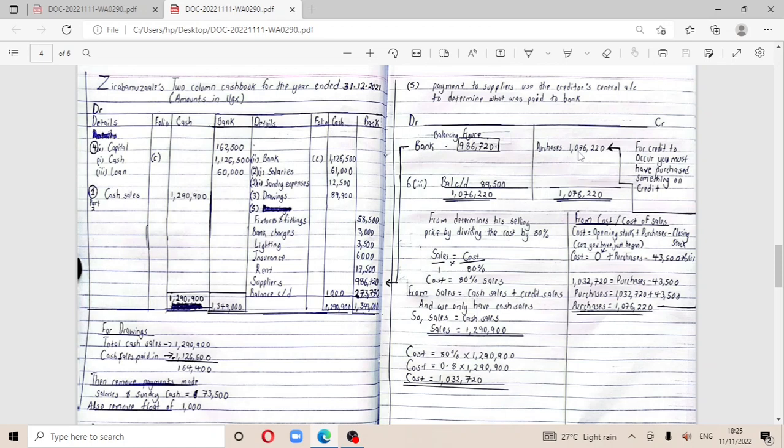after putting it there, obviously you have to determine the balancing figure. So this side is more, you put this side equal to this side. So the difference between this and this is this, which is the balancing figure, meaning that this is the amount that you paid to the suppliers, because we know that payment to the suppliers gets to be on the debit side of the creditor's control account.